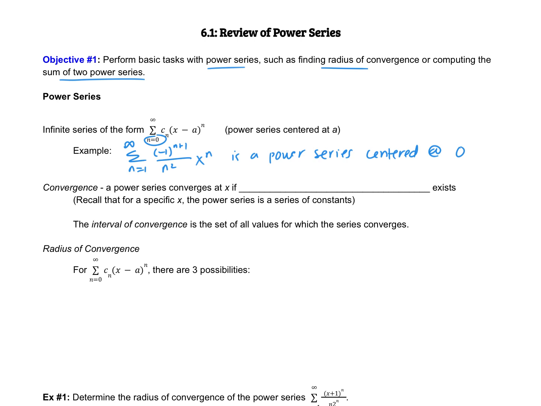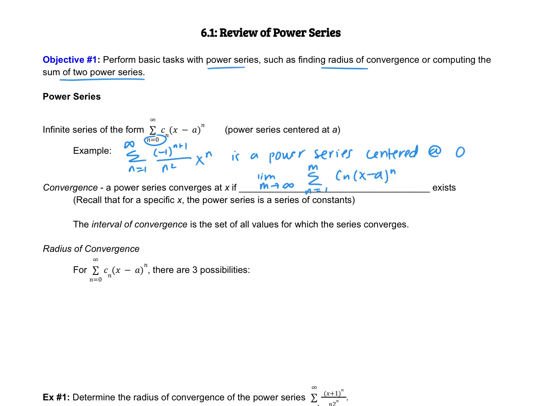So next thing to talk about is convergence. So we say that a power series converges at x if the limit as m approaches infinity of the sum from n equals 1 to m of c_n times (x minus a) to the n exists.